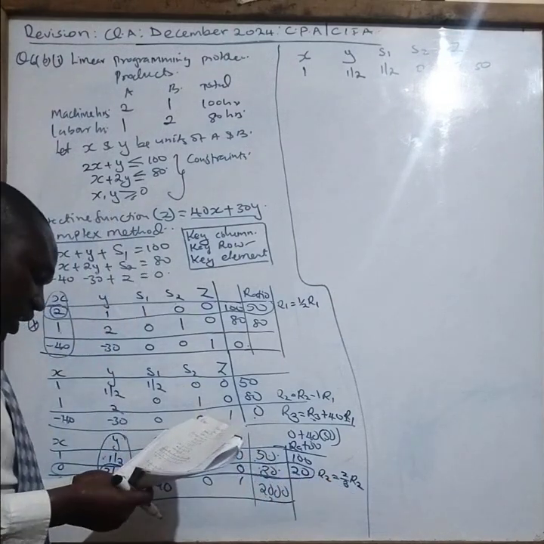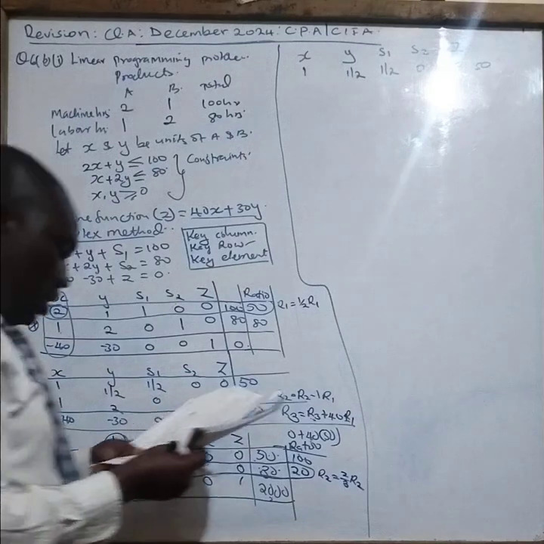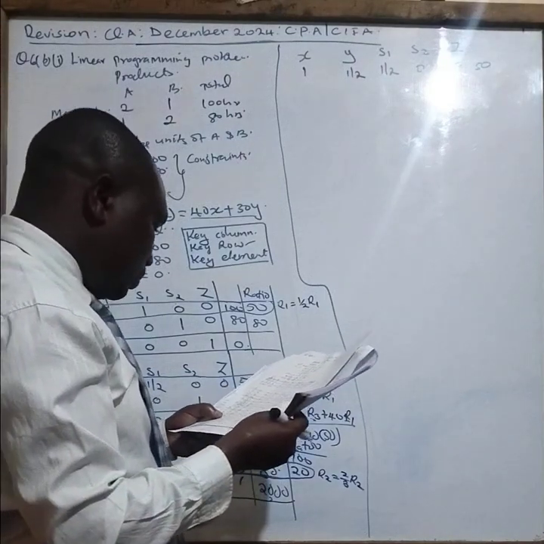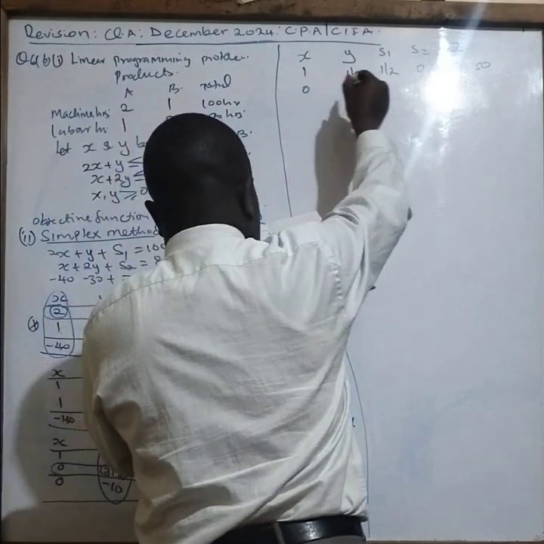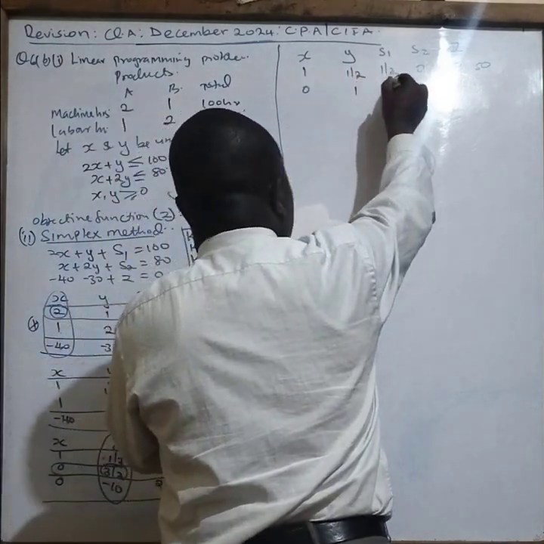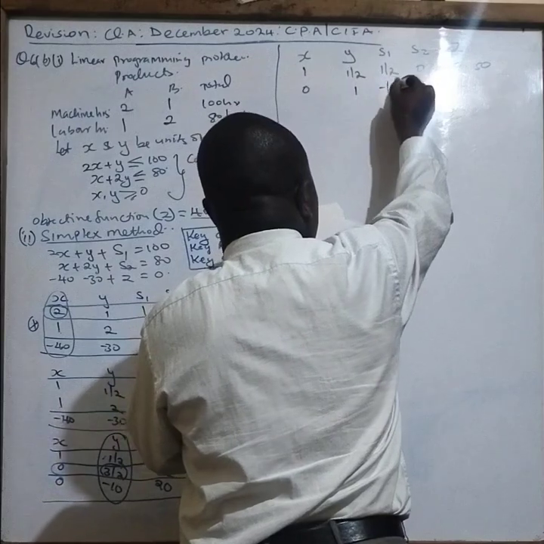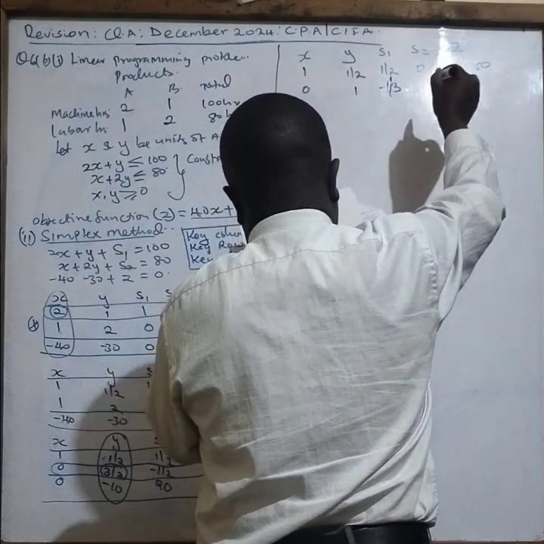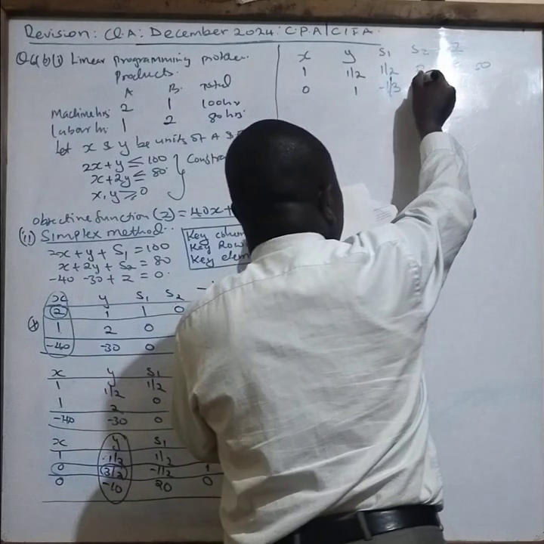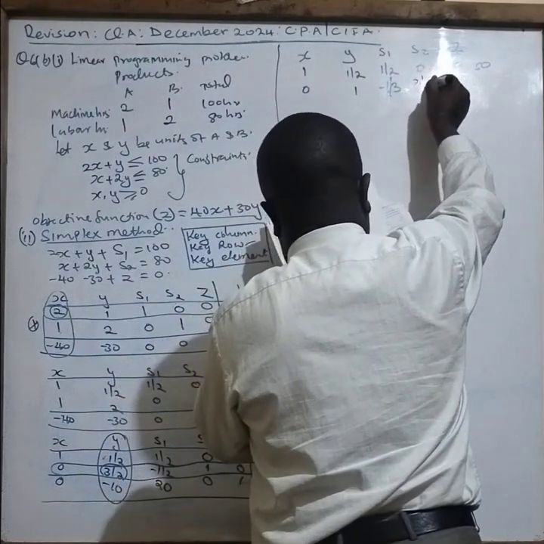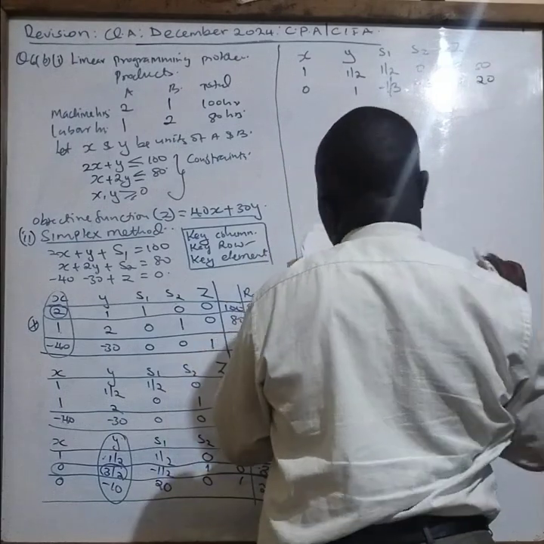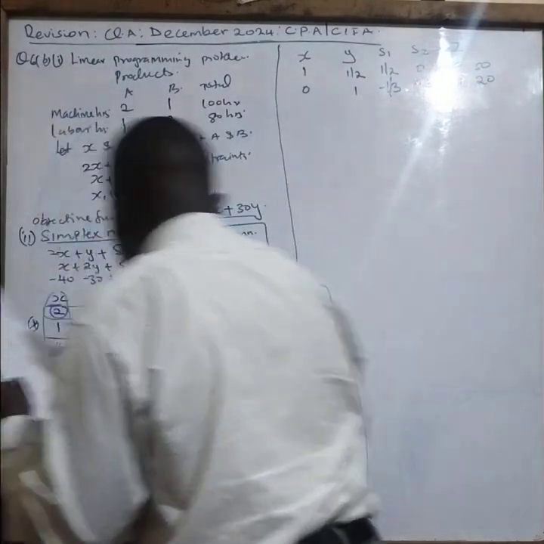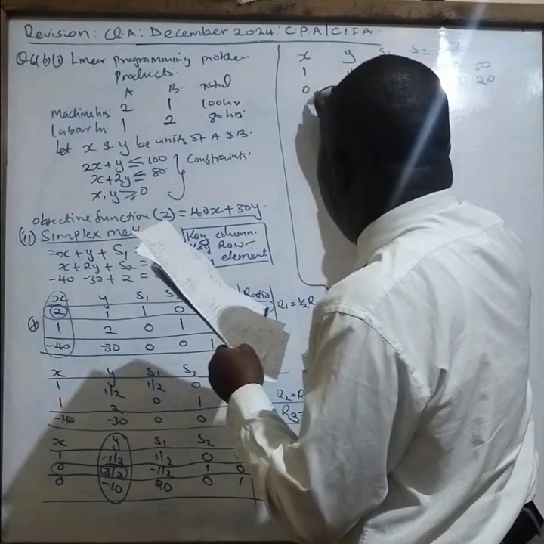The answer you get for that matter will be 0, 1, -1 or under that, 2 over 3, 0, and 20. Now the last one we are not doing anything, so we copy as it is.